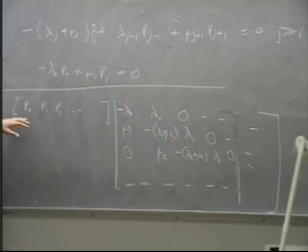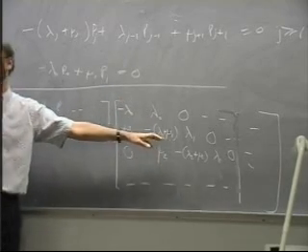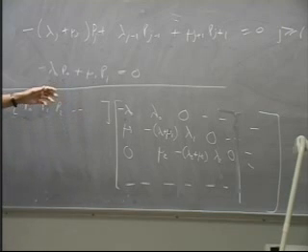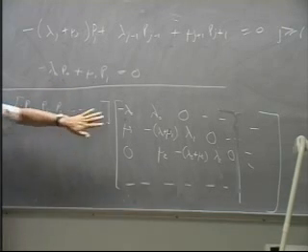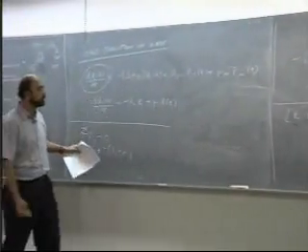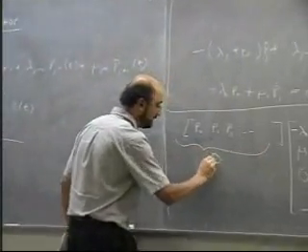For example, we get P0 times lambda 0 minus P1 times lambda 1 plus mu1, plus P2 mu2, and so on. So if you take the product of these two matrices, you in fact get exactly this.